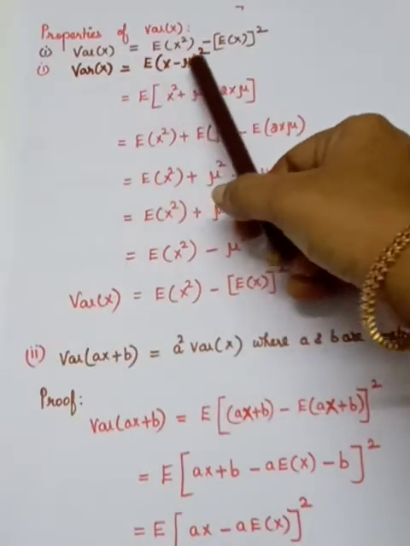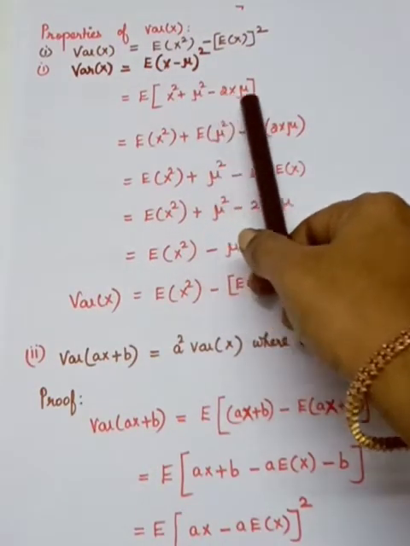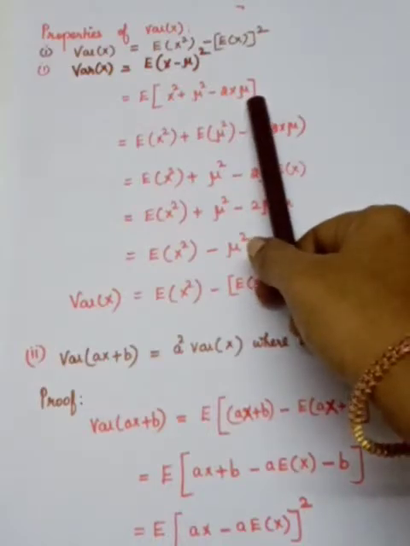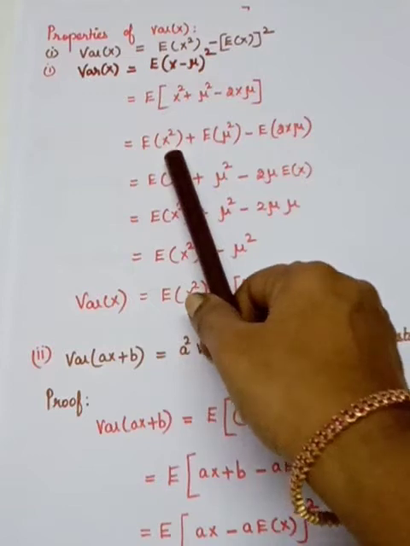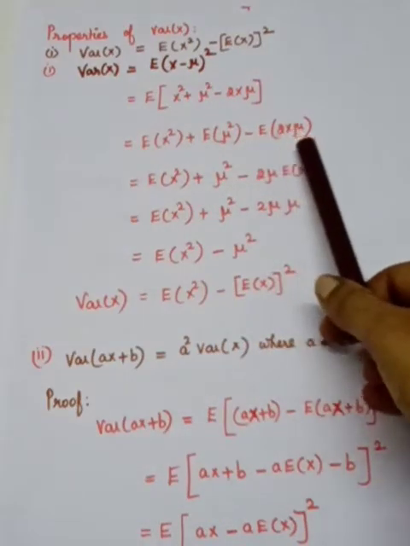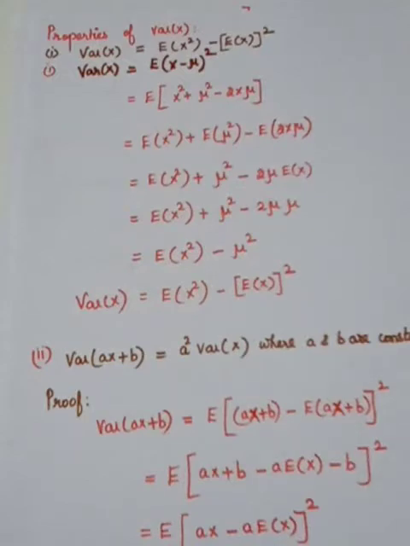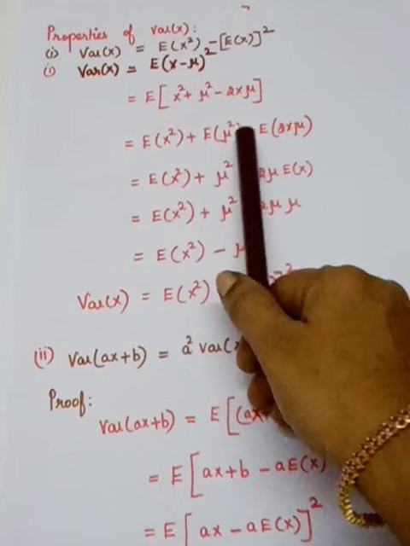So (a minus b) the whole square is a squared plus b squared minus 2ab. I have written it here. Apply the expected value: E of x squared plus E of mu squared minus E of 2x mu. Separately we have applied to the terms. E of x squared is written as it is. What is mu?